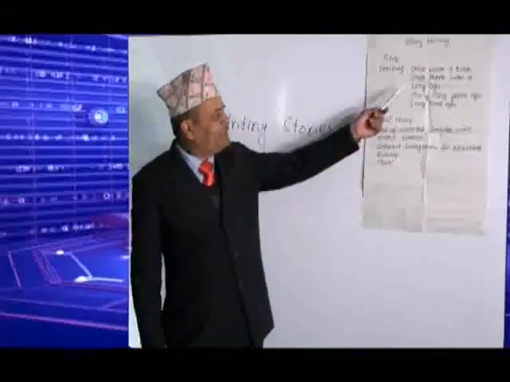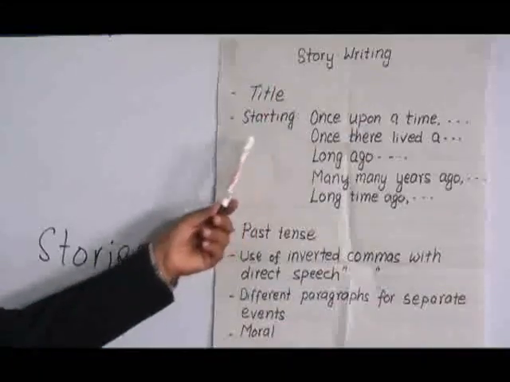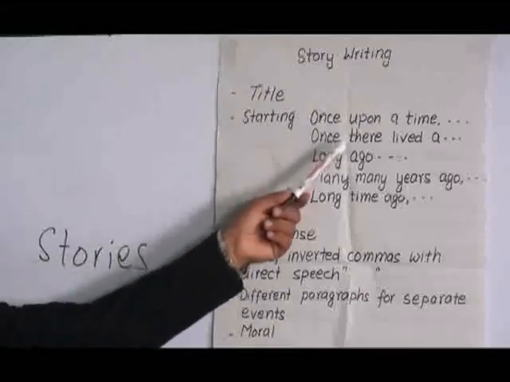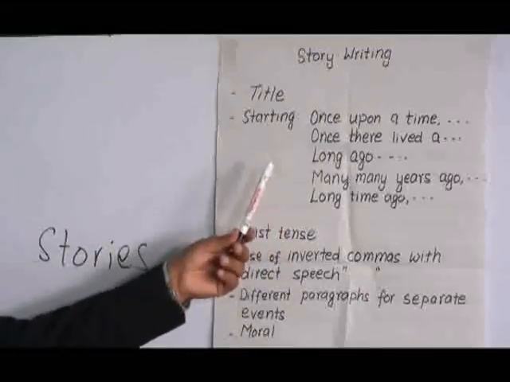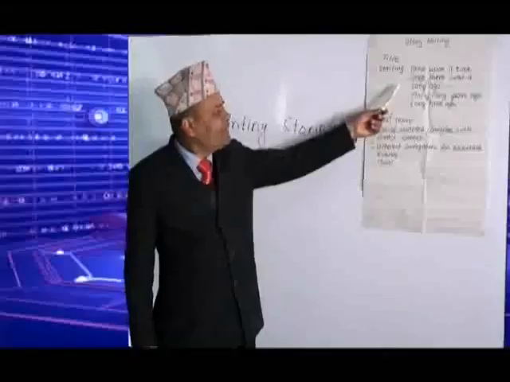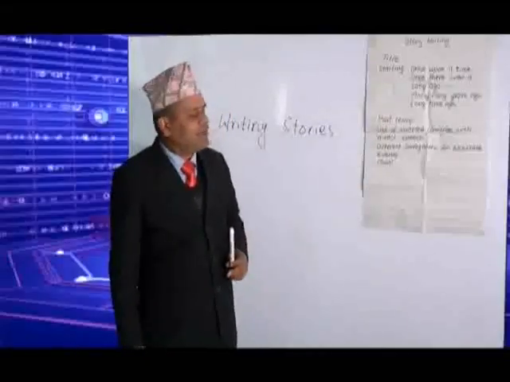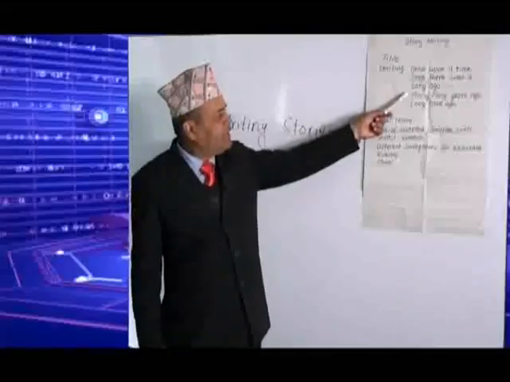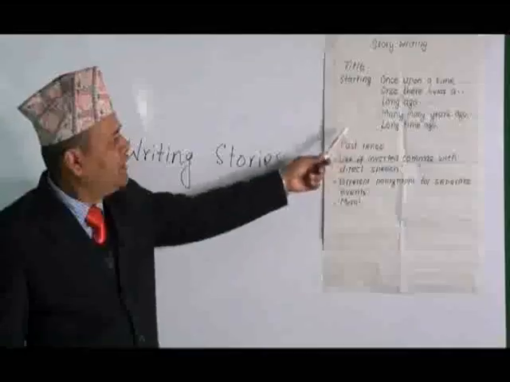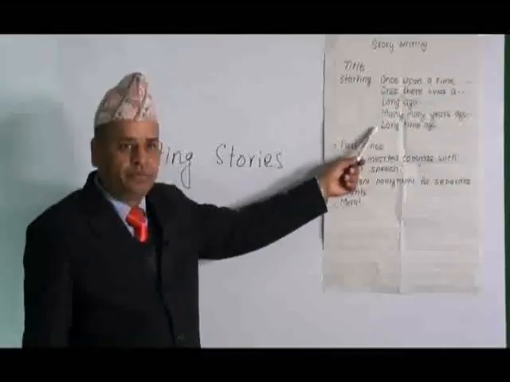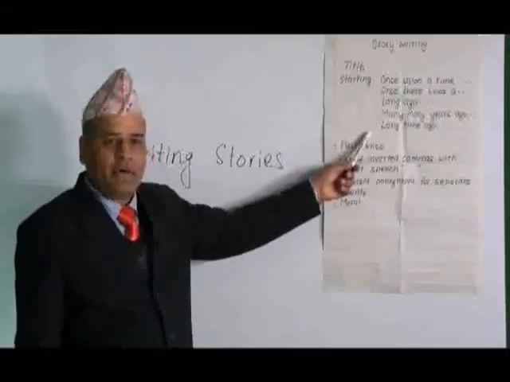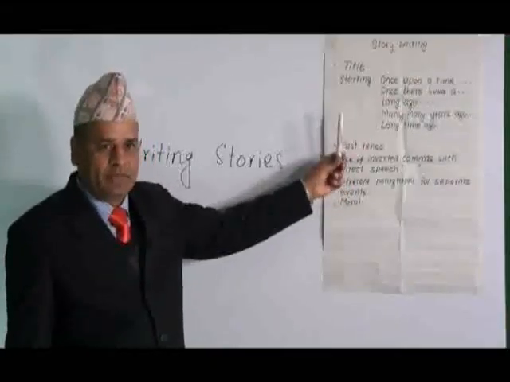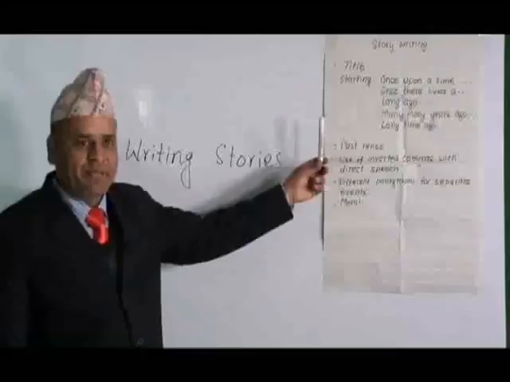We can start story writing with once upon a time. Next, once there lived a. When we write a story, we use these terms: long ago, or many years ago, or long time ago. Let me repeat again.